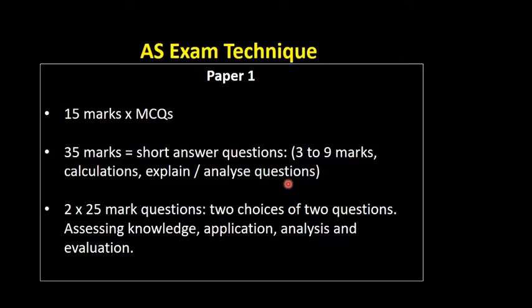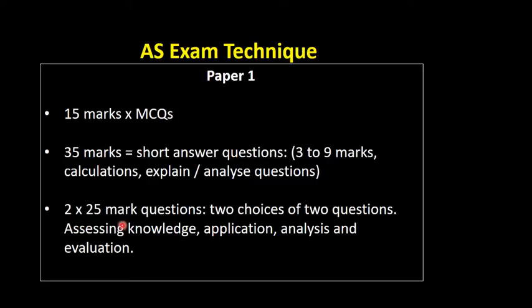So it would be something like, explain how a coffee retailer might alter their promotional mix in order to attract more customers, or explain the importance of the promotional mix to a coffee retailer looking to attract more customers. That question might come up as, say, a 5-mark question.